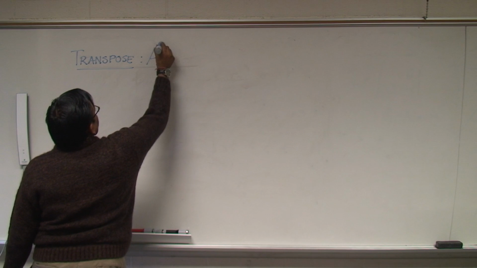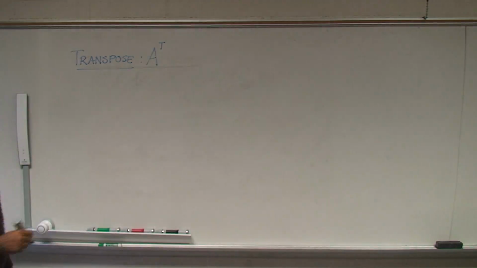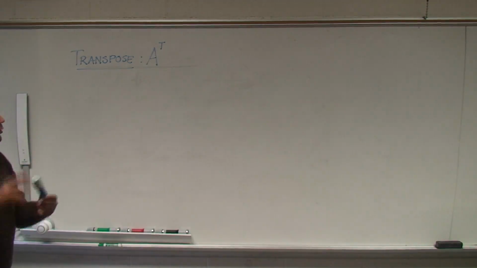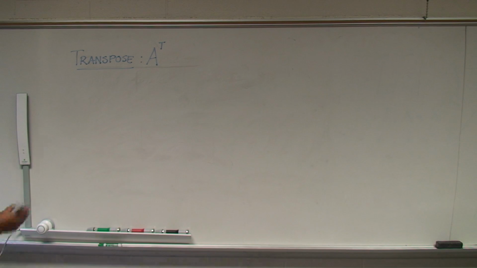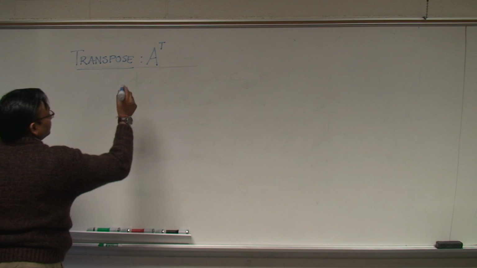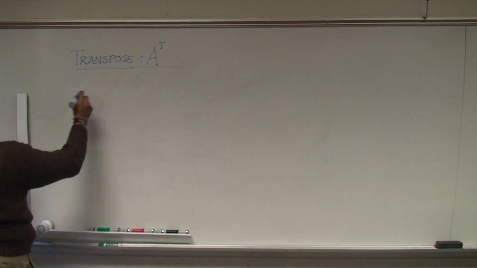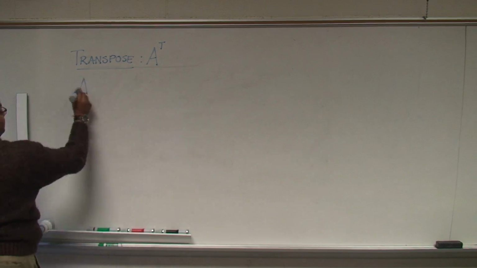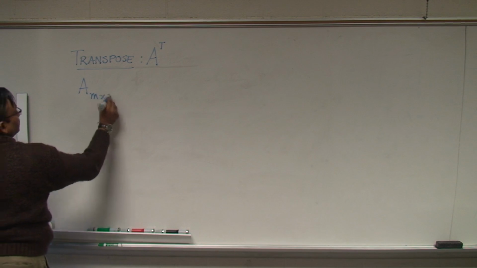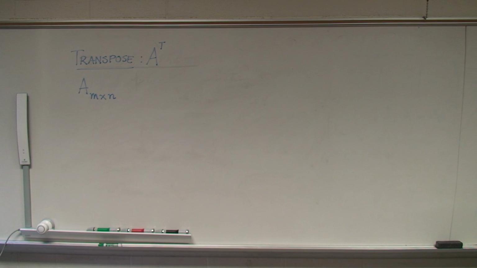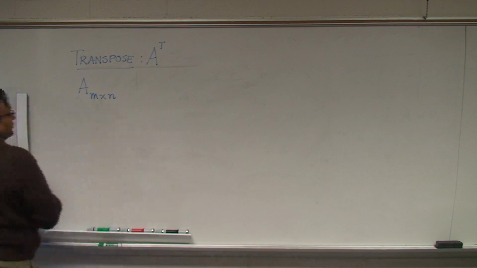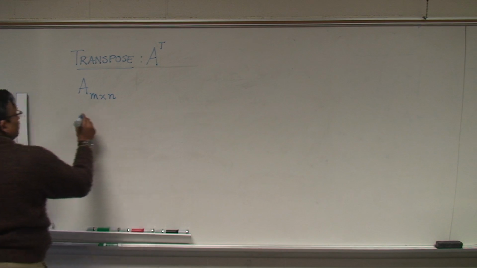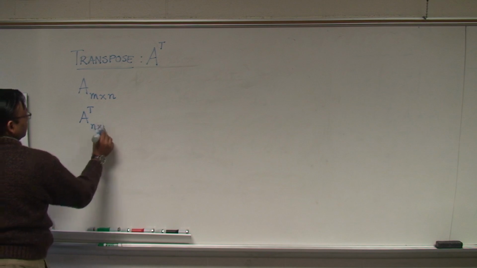The notation we have for this is A with a superscript T. It's not actually an exponent, it's just a symbol as a superscript. So suppose I have a matrix A which is of size m by n. Notice we are no longer confining ourselves to square matrices. So if I have A of size m by n, then we define the transpose of A as a matrix of size n by m.